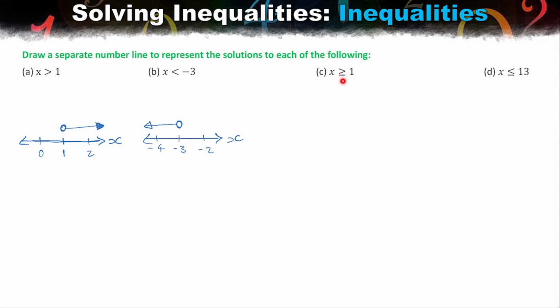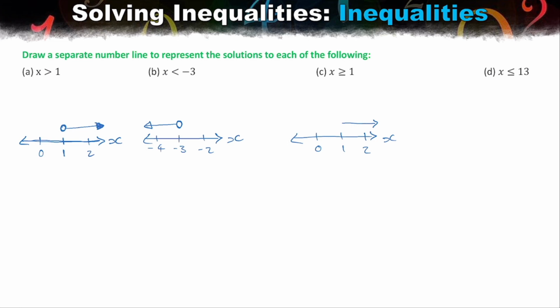What this tells us is it can be greater than +1, or equal to +1. Similar to our first diagram, our range of numbers is anything on the positive side of +1, more positive than +1.